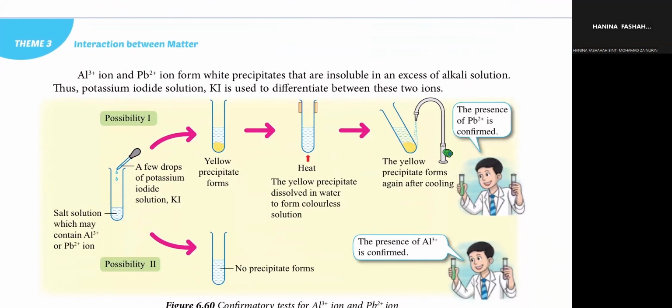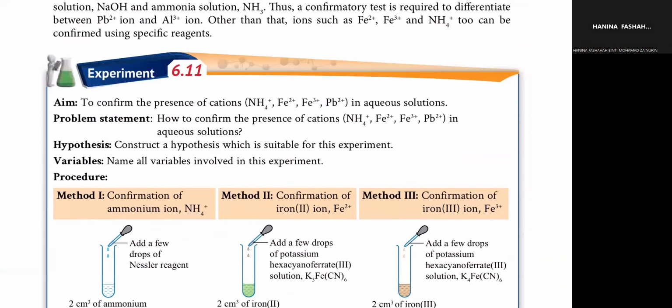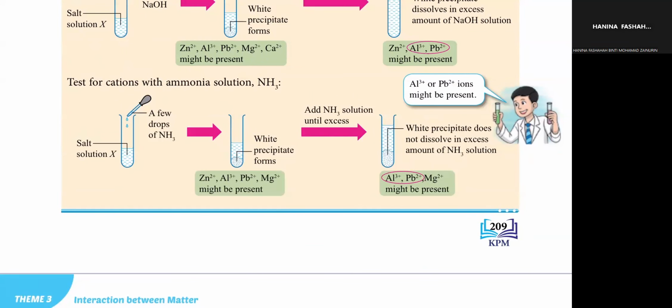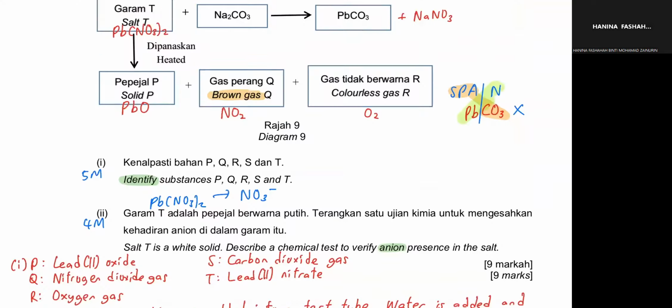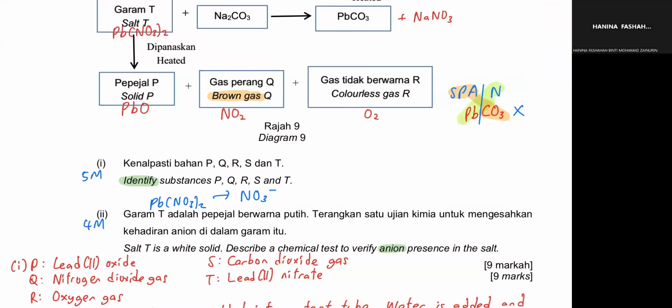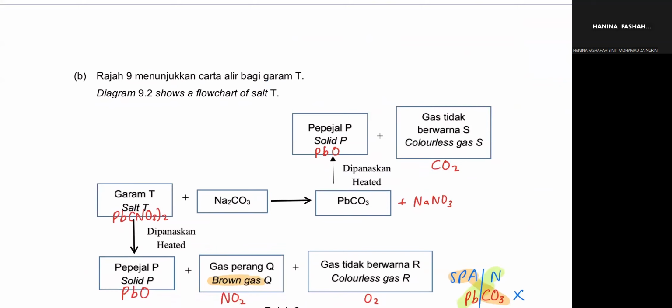And also you have to know zinc, aluminum, calcium, potassium, lead, and also magnesium. That's why I teach you a shortcut later. But just a bit of recap. For the cations, I teach you a shortcut, maybe now, just in case some of you want to know.